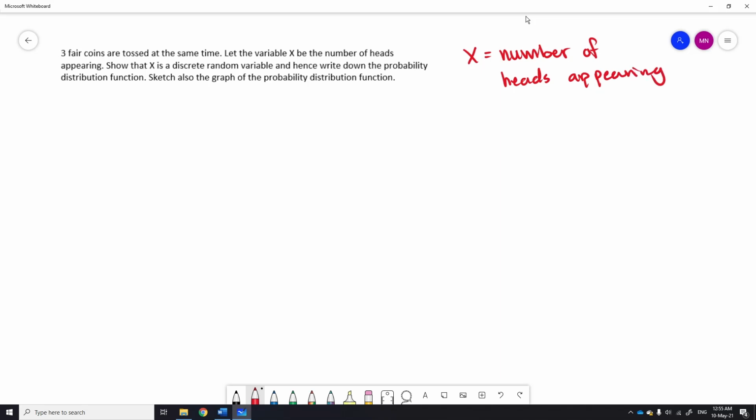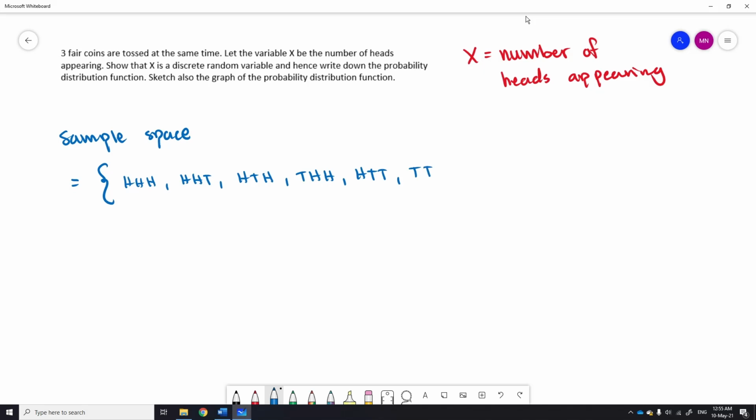Now if we have 3 coins and we toss the coins, the sample space that we have is actually equal to head, head, head, head, head, tail, head, tail, tail, head, tail, and tail, tail, tail.